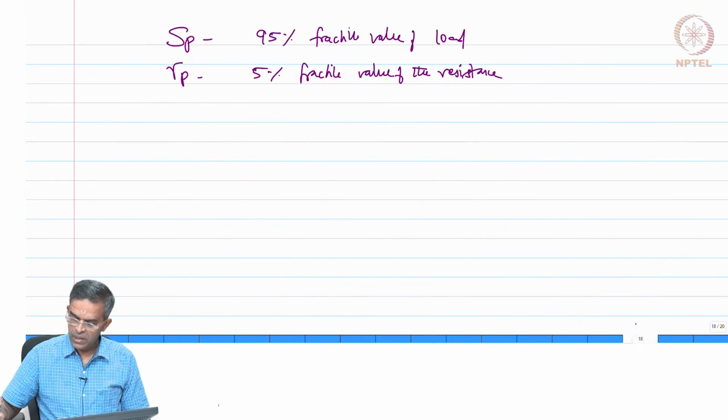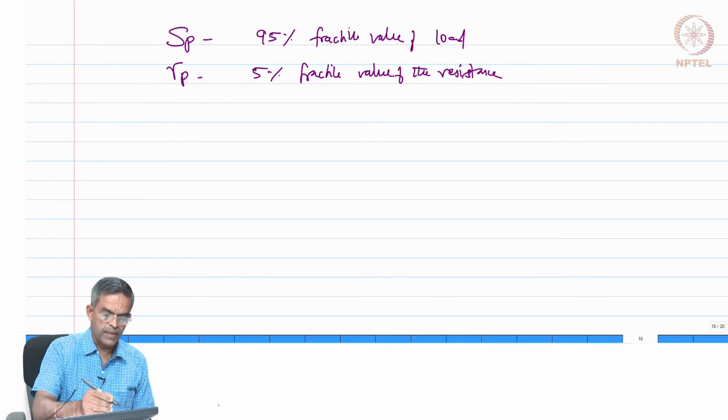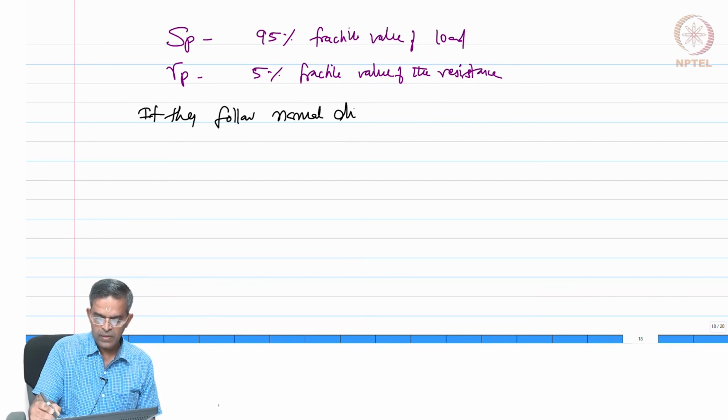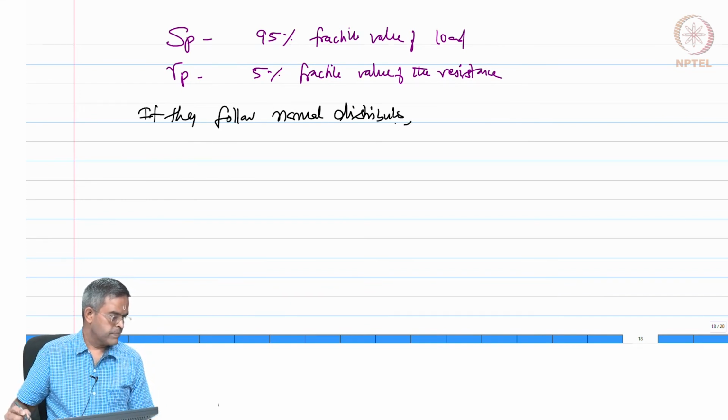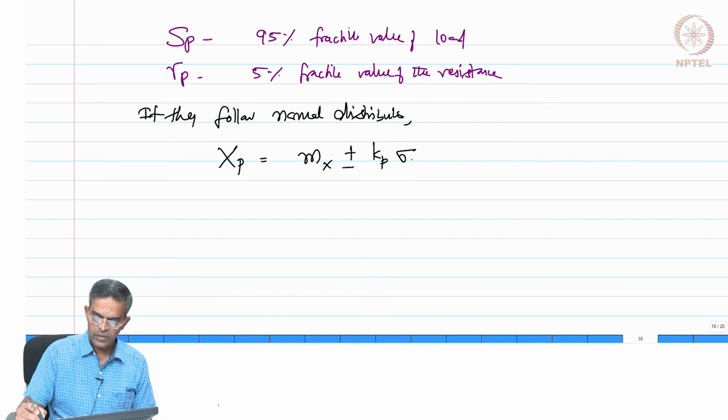So, now if we agree that both the load and material or the strength or resistance follow normal distribution, then xp will be mx plus or minus kp of sigma x.